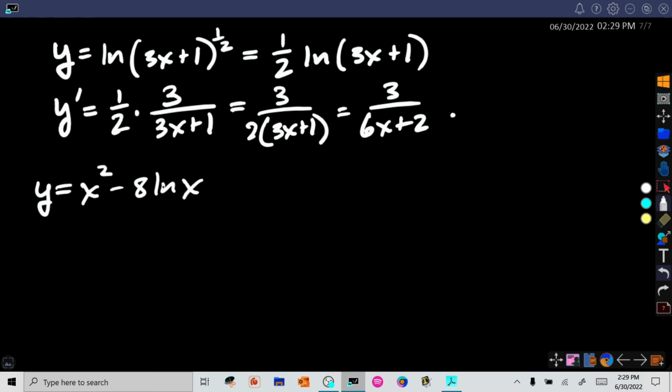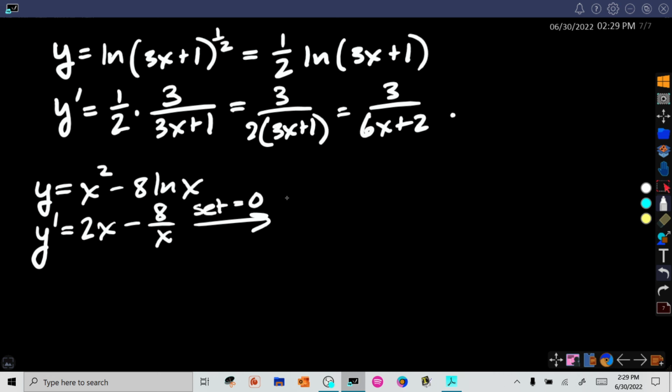All right, let's do the derivative. The derivative of this is 2x, and the derivative of this is minus 8 over x. Then we'll set this equal to 0, so 0 is equal to 2x minus 8 over x.